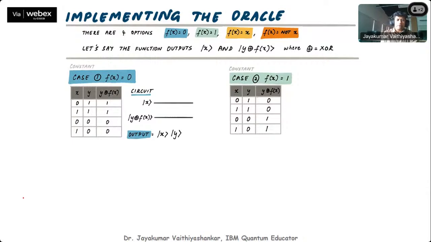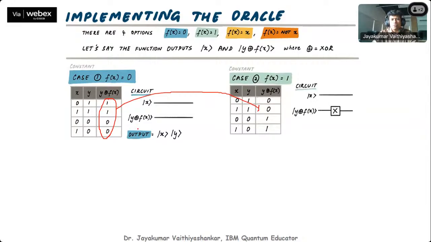Now look carefully. Whatever output you got in case 1 is totally opposite to case 2. So what it means, if you are visualizing a circuit and you apply a NOT operation to the output, you will get the output of case 2.